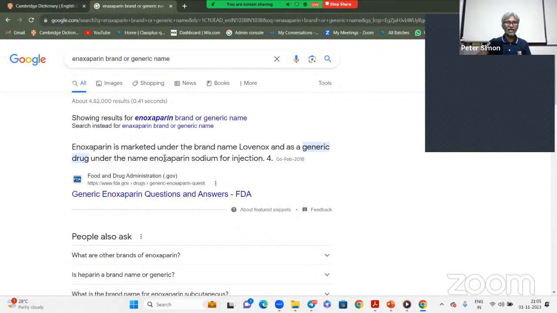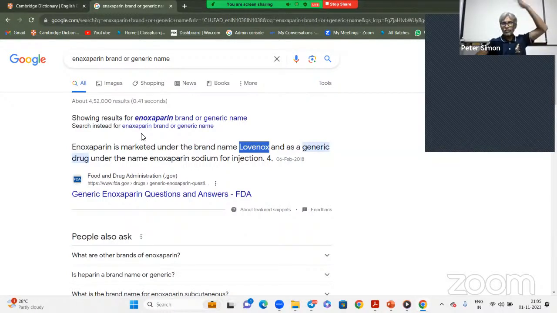Generic drug, enoxaparin sodium. That is the generic name, and the brand name is Lovenox.